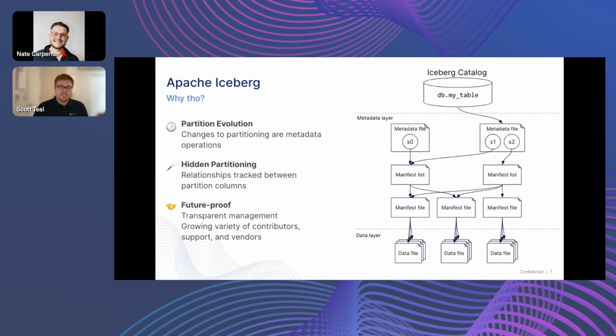One is that Iceberg doesn't depend on the table's physical layout, so Iceberg tables can evolve partition schemes over time through metadata-only operations. Another is that Iceberg keeps track of relationships between partition columns and transformations, like filtering by a date time value even though the table is partitioned by date. This functionality is what the Iceberg community has come to know as hidden partitioning.